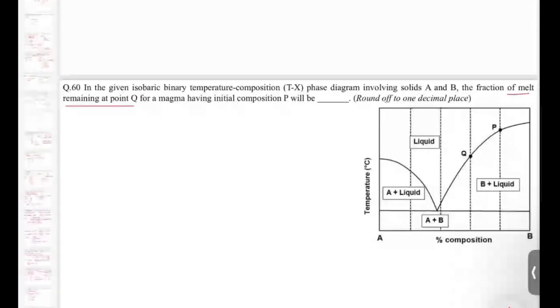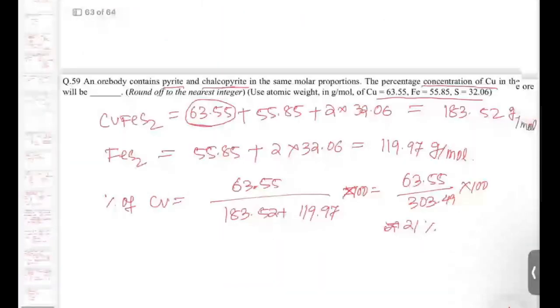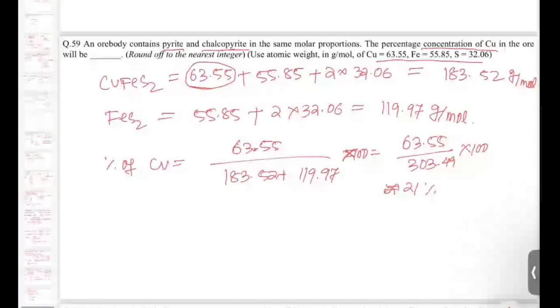बोलो सर, प्रीवियस क्वेश्चन में 50% होगा ना चैल्कोपाइराइट और पाइराइट का? हाँ ठीक है, आपको सेम मोलर प्रोपोर्शन में लेना है। जैसे कि अगर ये 1 मोल है तो ये भी 1 मोल ही होगा। ऐसे आप टोटल मास को ही कैलकुलेट करेंगे। अगर उसमें सपोज 60-40 देता, so you just have to multiply 0.6 here and 0.4 here.